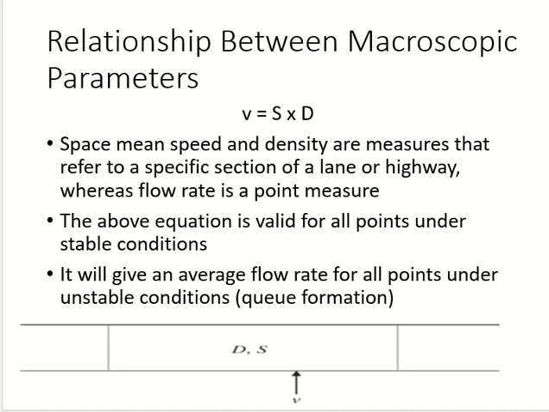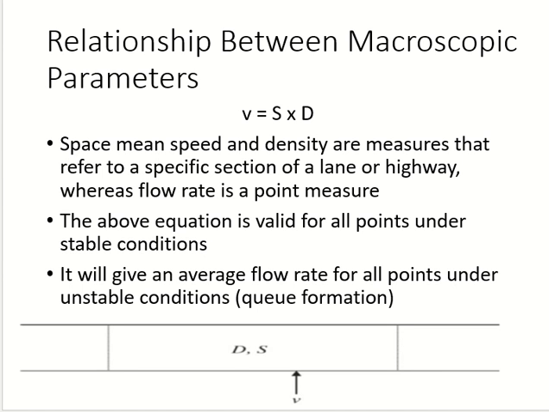When we say speed, we are saying mean speed. It can be space mean speed or time mean speed. Then we have microscopic parameters, which include speed of individual vehicles, headway, and spacing. We looked at some equations which interlink these parameters together.